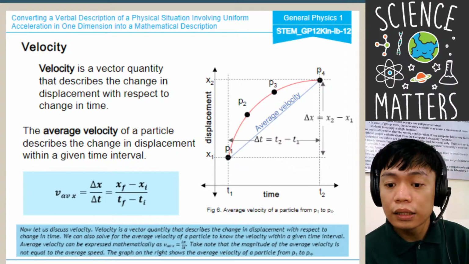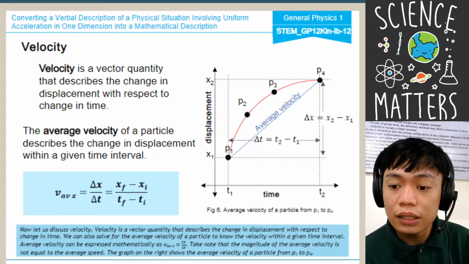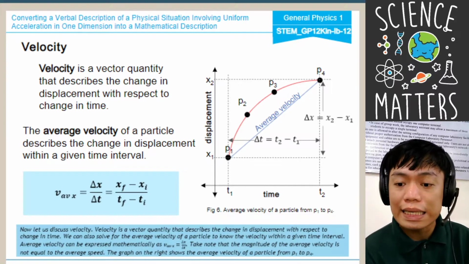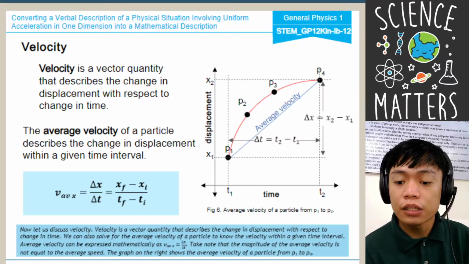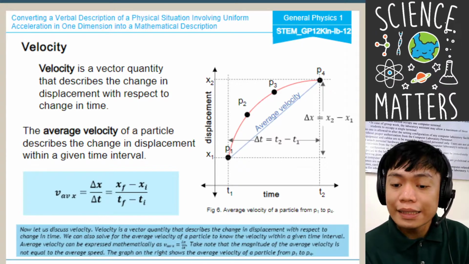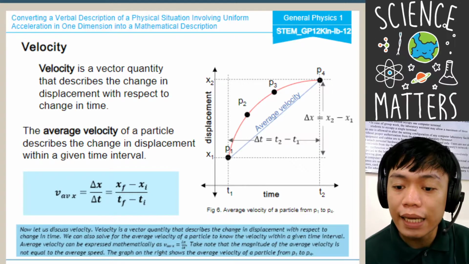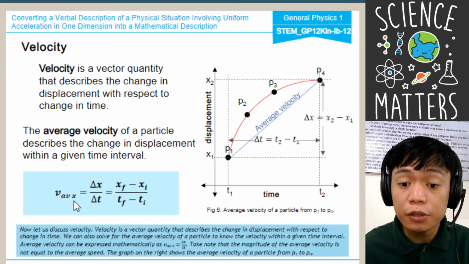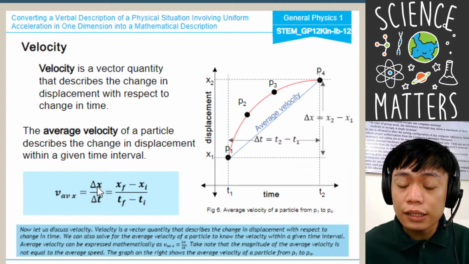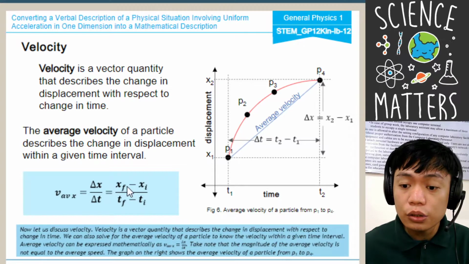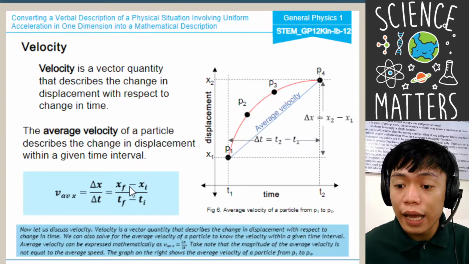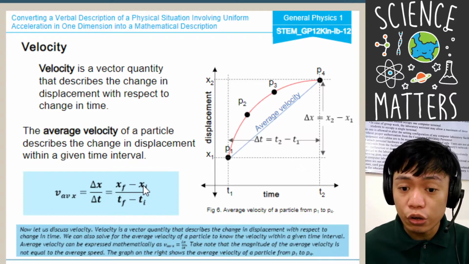Now, the average velocity of the particle describes the change in displacement within a given time interval. So now, the formula in getting the average velocity will be like that. Okay? The average velocity with respect to its position is equal to the displacement, and displacement is equal to the difference between the final position and initial position, okay?